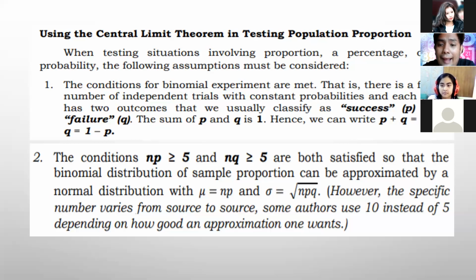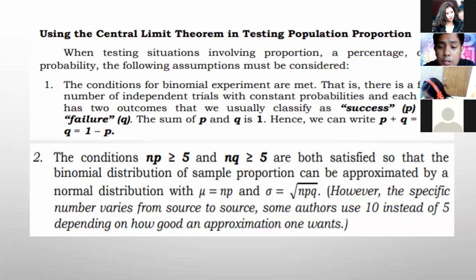So the condition n times p is greater than or equal to 5 and n times q is greater than or equal to 5 are both satisfied so that the binomial distribution of sample proportion can be approximated by a normal distribution with mu or mean equals np and standard deviation is the square root of npq. However, specific varies from source to source.